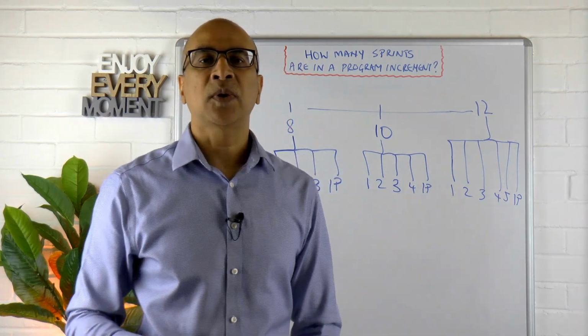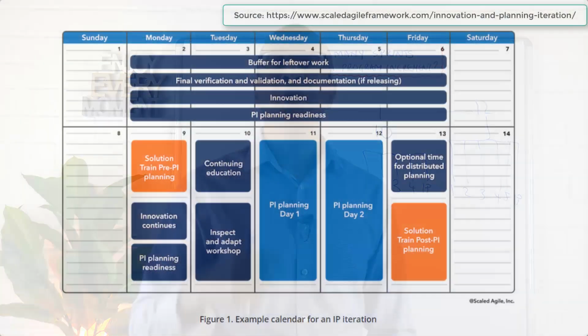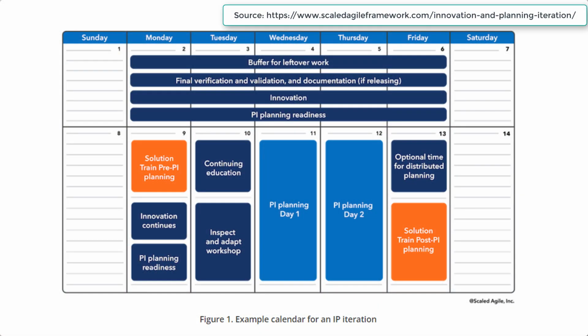Okay, so what does an innovation and planning sprint actually look like? For week 1, you're going to have innovation and hackathons, and you're going to be focusing on learning. You might have a complete week scheduled of different learning sessions so that you can increase the knowledge and the learning across your Agile program.